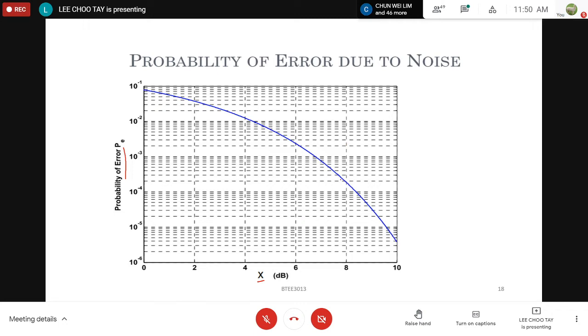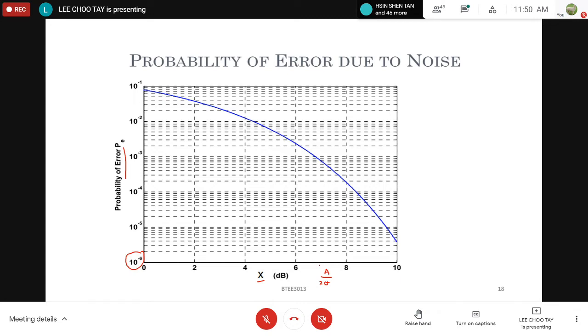So what it says is you can see from this graph that as X increases, the probability of error decreases. So what is X? Remember, X is A over sigma, or A over 2 sigma.